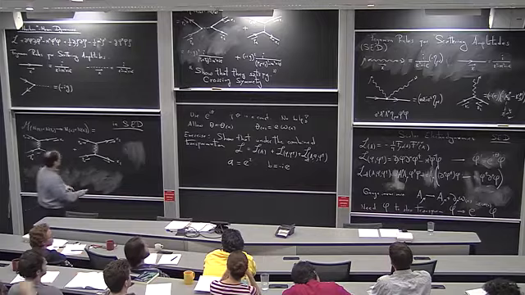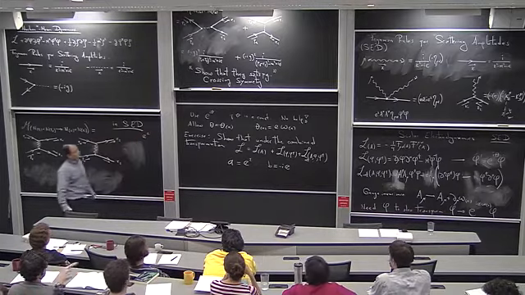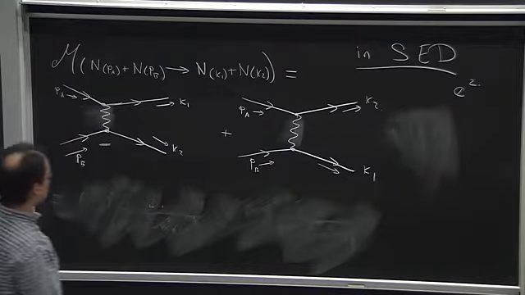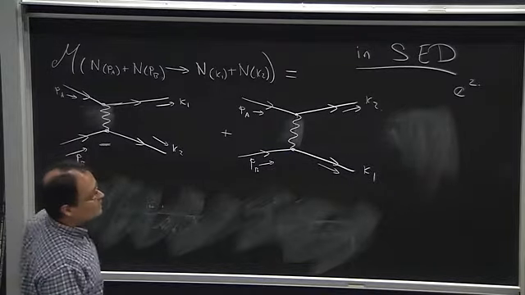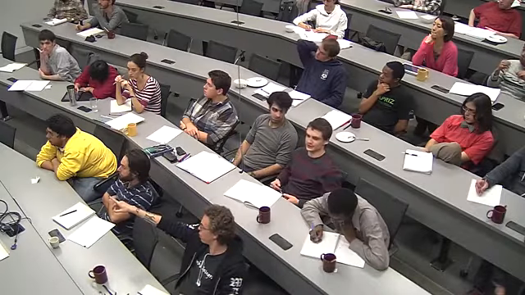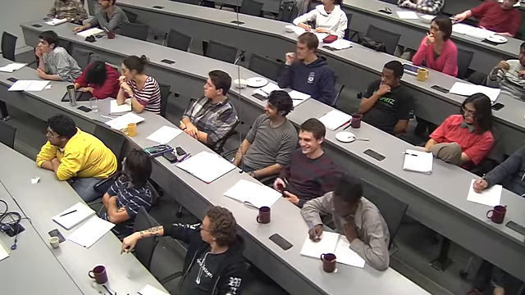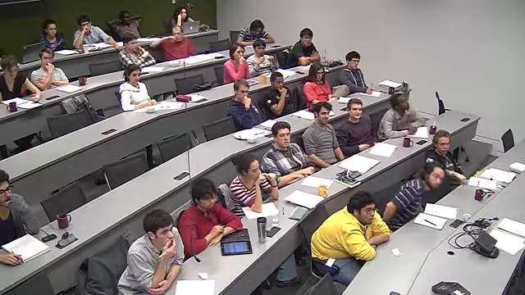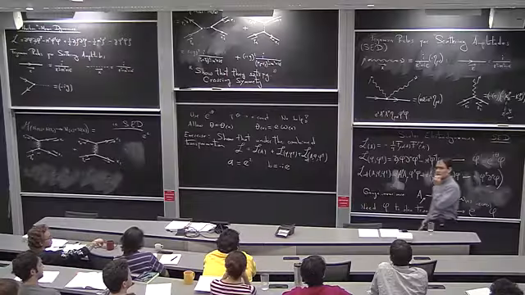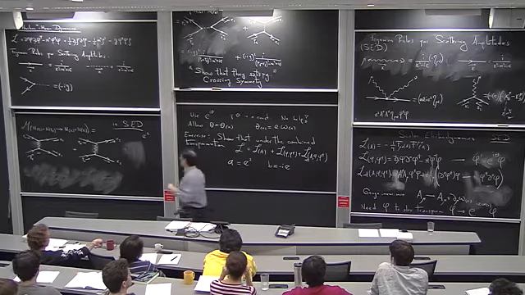So we're working up to order E squared. For that process, you can only have a vertex. Remember, this is E squared, and this is only order E. So if you have a loop, like you're thinking, then it would be higher order. Okay?